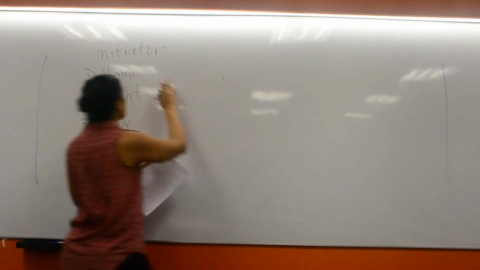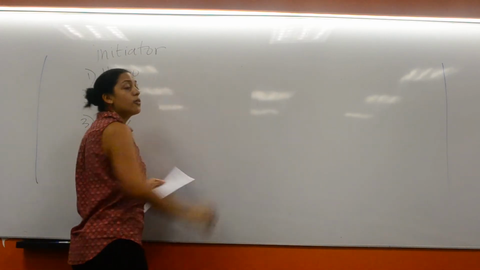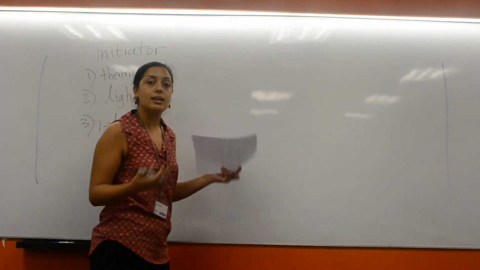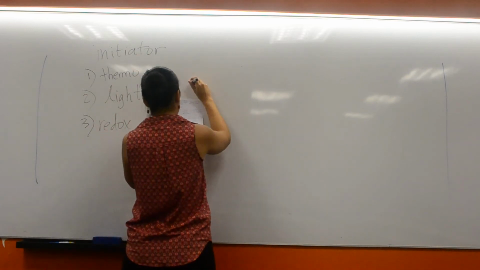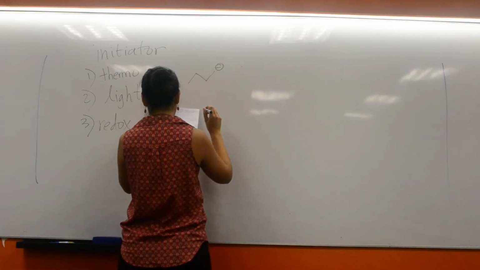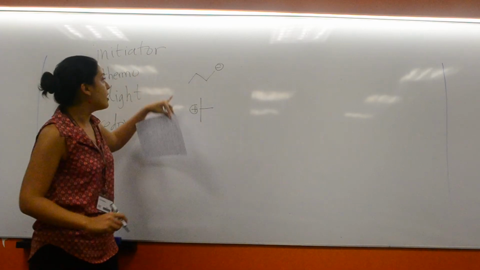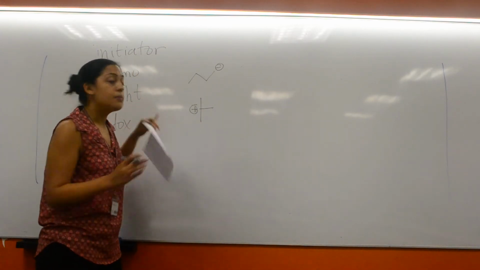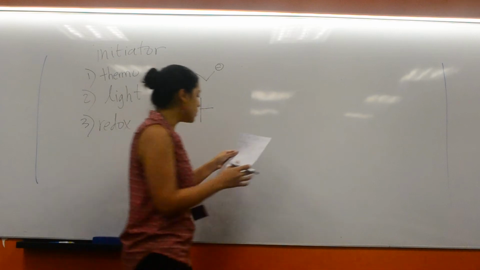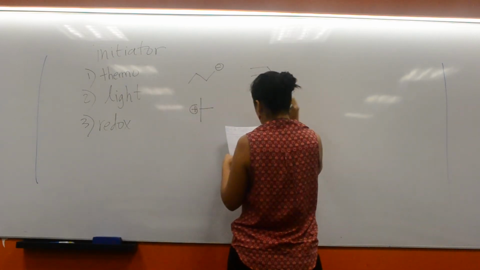For example, through the same process, or through a different process, let's say dissolving your salts or something, you get an ion. Okay, and here I have an anion and a cation. They can both do the same thing. The reaction will just be a little different. So let's say I'm reacting it with this alkene.